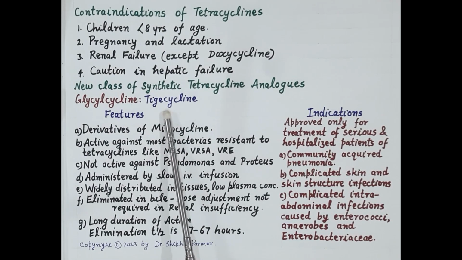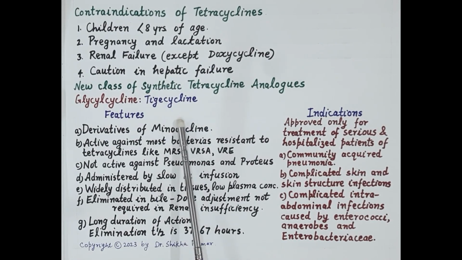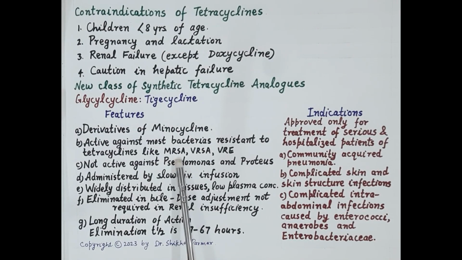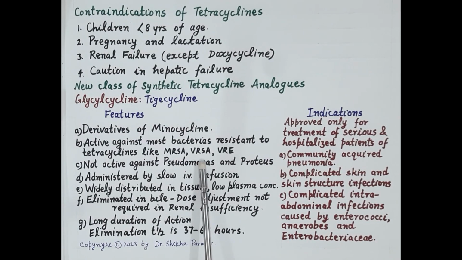Now, in addition to bacteria that are sensitive to tetracycline, tigecycline is also active against most bacteria that are resistant to tetracycline, like MRSA, that is methicillin resistant Staphylococcus aureus. It is also active against vancomycin resistant Staphylococcus aureus. Then it is also effective against vancomycin resistant Enterococcus.